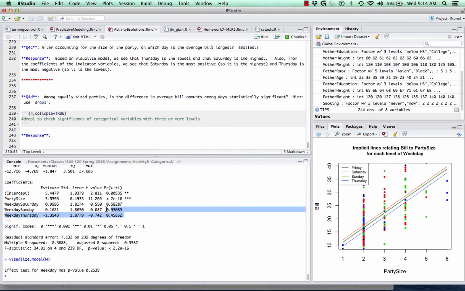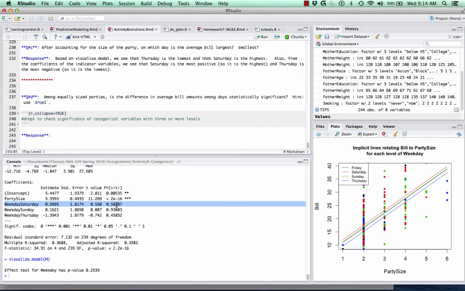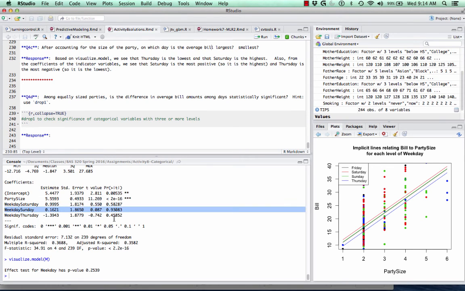Now, these p-values here don't actually tell us what we want to know, because everything is done with respect to the reference level. It's basically telling us that there's no statistically significant difference between Friday and Saturday, between Sunday and Friday, or between Thursday and Friday, because all of these p-values are bigger than 5%. But it's not telling us if there's any difference overall. It's not comparing, say, Saturday and Thursday directly.